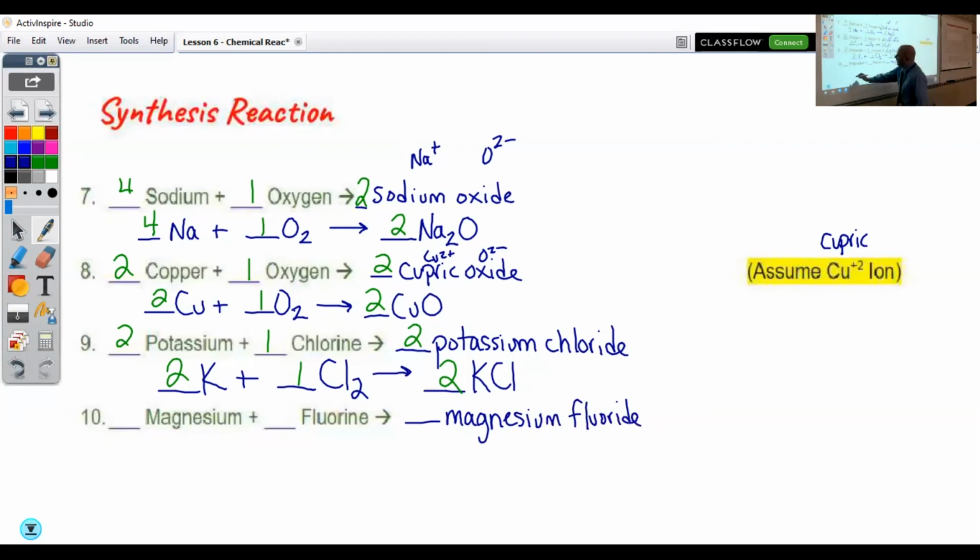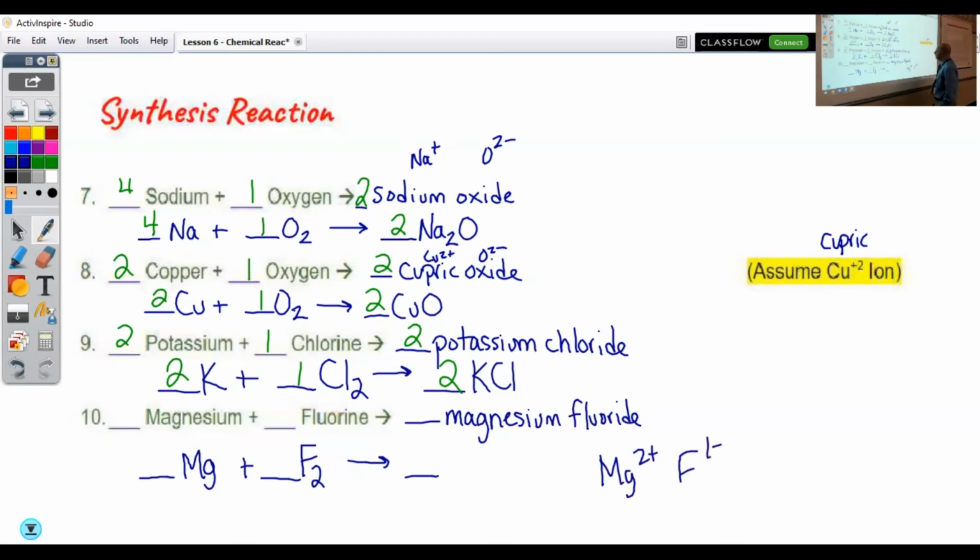So, writing out our equation, we have magnesium, fluorine, another diatomic, going to give us, now magnesium is 2 positive, fluoride is 1 negative, so we're going to get MgF2, just like that. It's already balanced for us, so we can just go ahead and add in coefficients of 1 all the way across here.